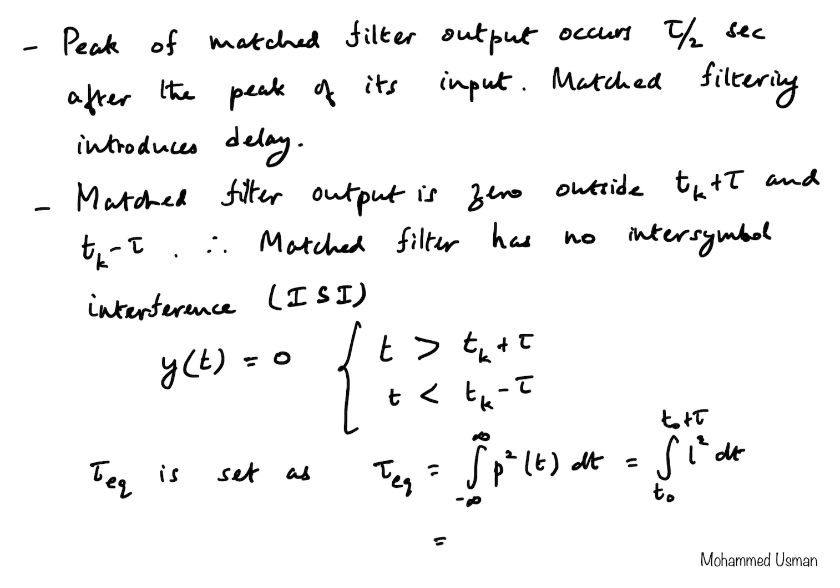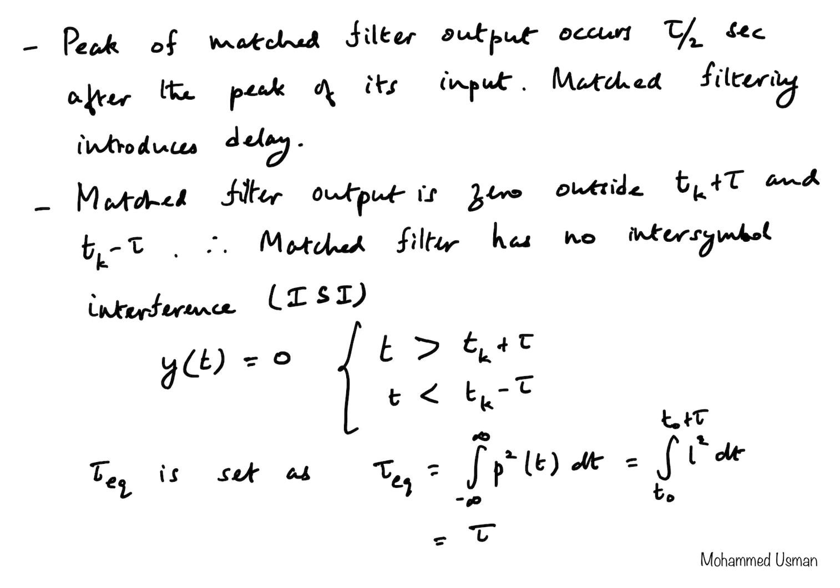That gives us t0 plus tau minus t0, which is equal to tau. So the tau equivalent is basically equal to tau, the width of the rectangular pulse. But if it is some other pulse shape, then it has to be the corresponding energy of that particular pulse. So tau equivalent is basically integral p square of t, which is nothing but the energy of the pulse.